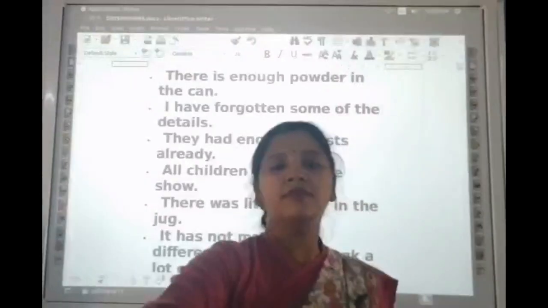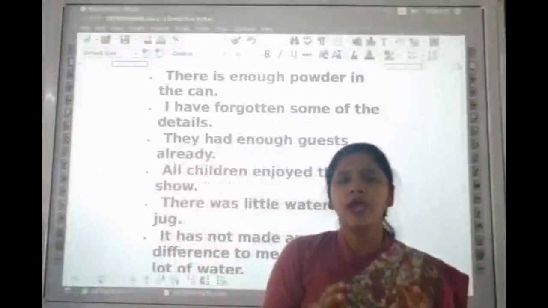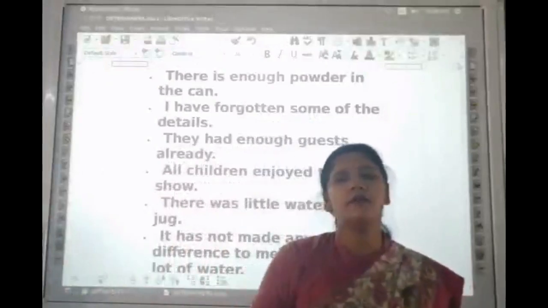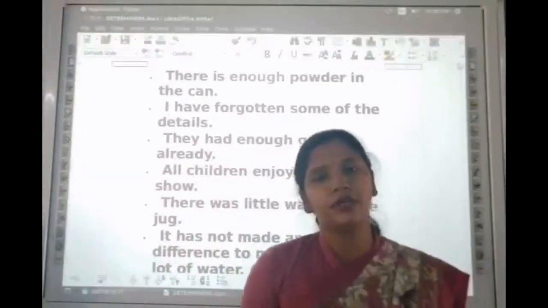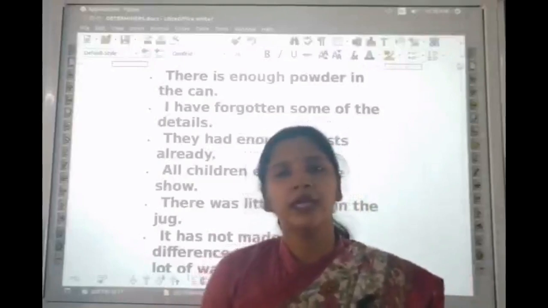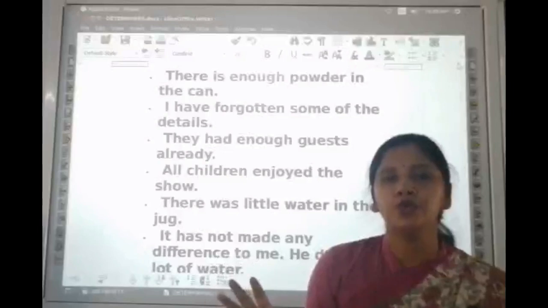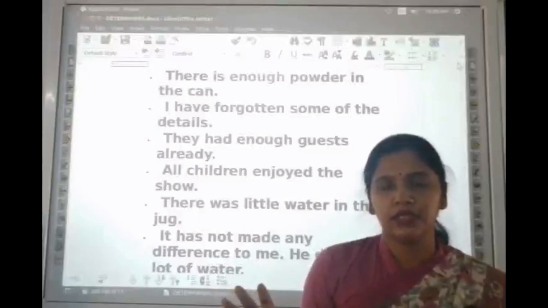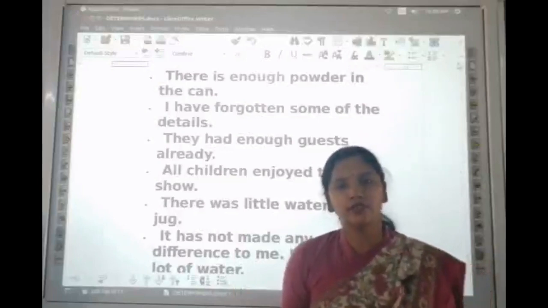For this I am just giving a short example. When the thing is in a very small amount and somebody shows possession of it, we use the. And when the thing is in a very small amount and nobody is able to use it, it is little, in a totally negative form.